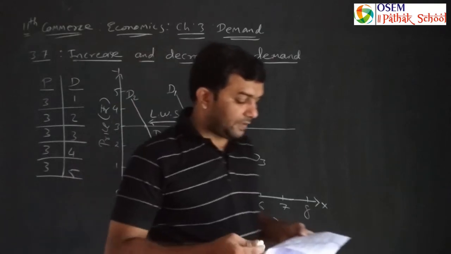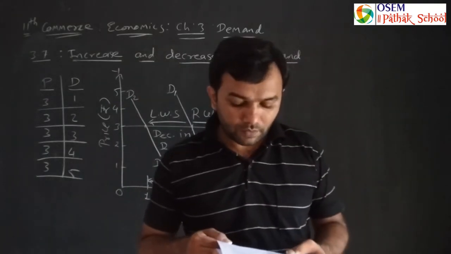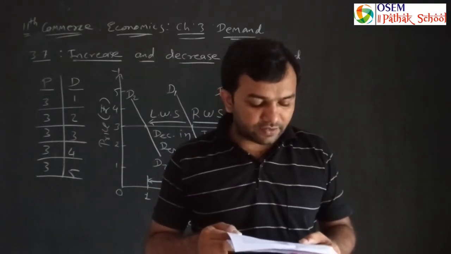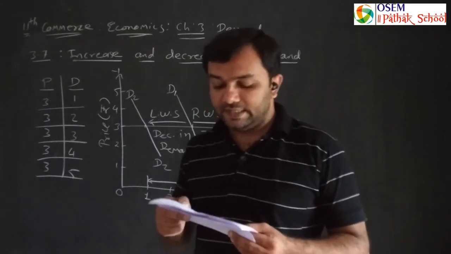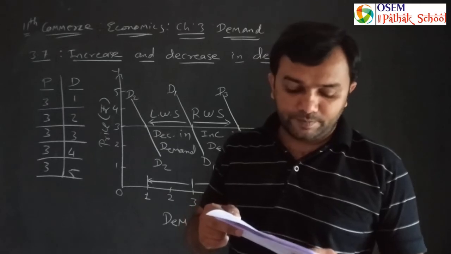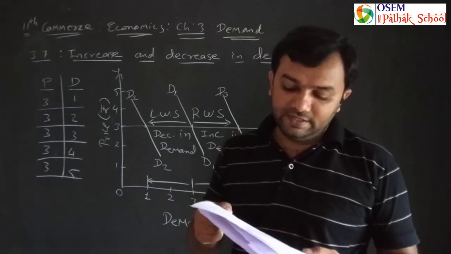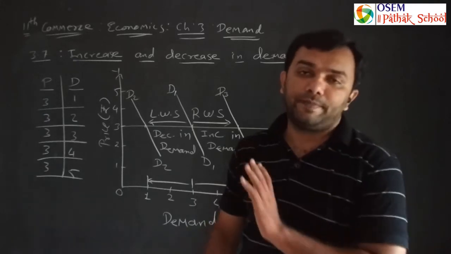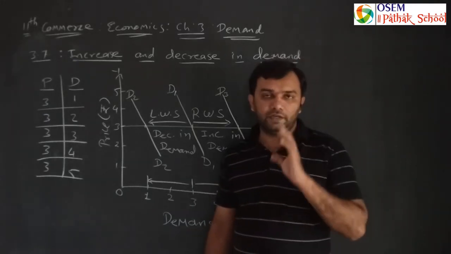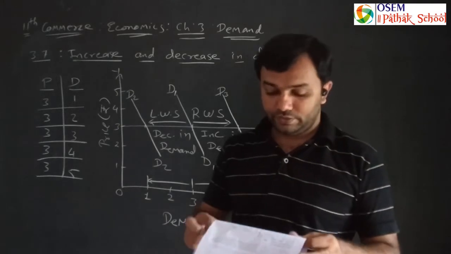So it is explained like this in your textbook. If these factors change against the demand, then at the same price demand decreases as the entire demand curve shifts to the left. Hence increase and decrease in demand is caused by determinants other than price. And all that we have to determine we have learned in the previous lectures.